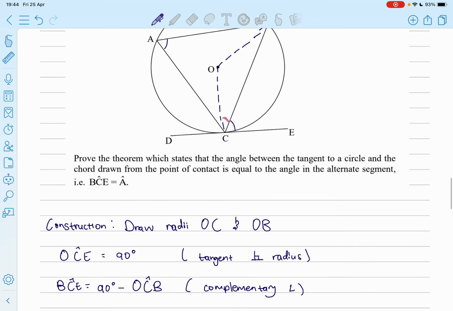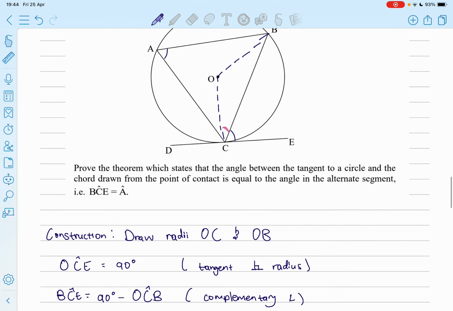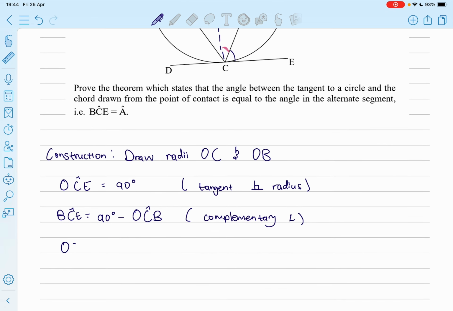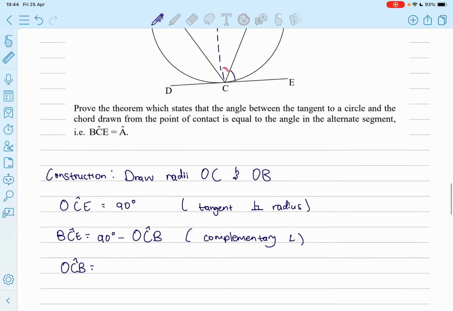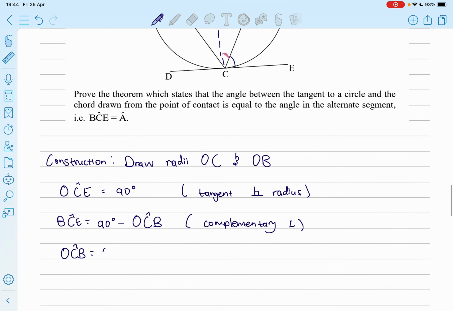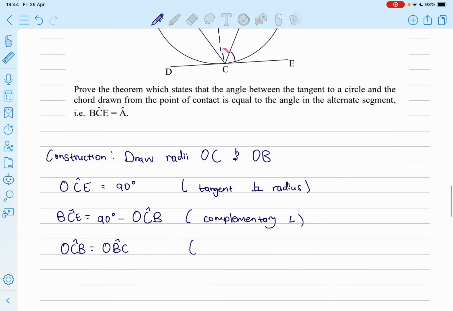All right, so now that we have BCE in terms of 90 degrees and OCB, we then shift to looking at the triangle OCB, right? So we know that OCB will be equal to the angle at OBC, and our reason is that these angles are opposite equal sides.